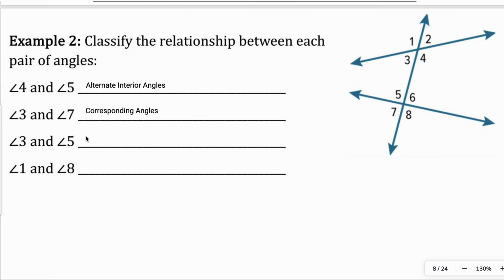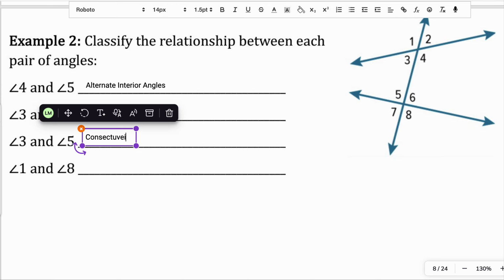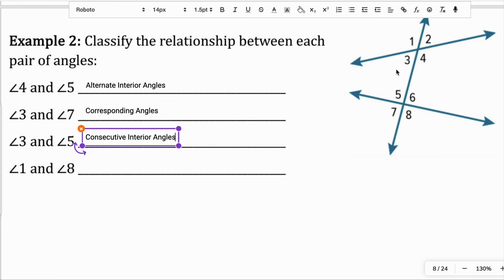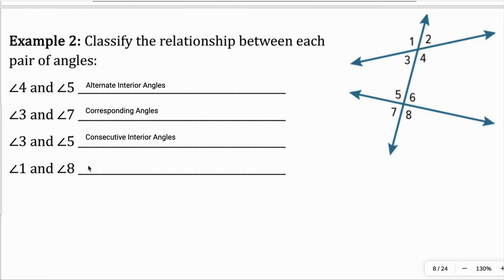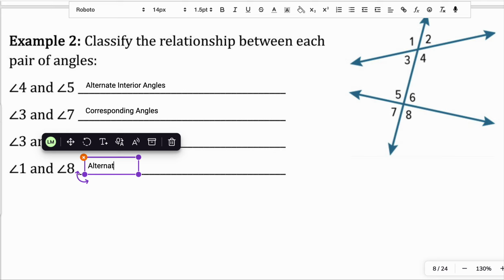Angle 3 and angle 5, those are going to be consecutive interior angles because they are interior angles that lie on the same side of the transversal. Also, when we think about consecutive, like one right after the other, so let's literally 3 and then 5, okay? And then 1 and then 8, those are alternate exterior angles, okay?